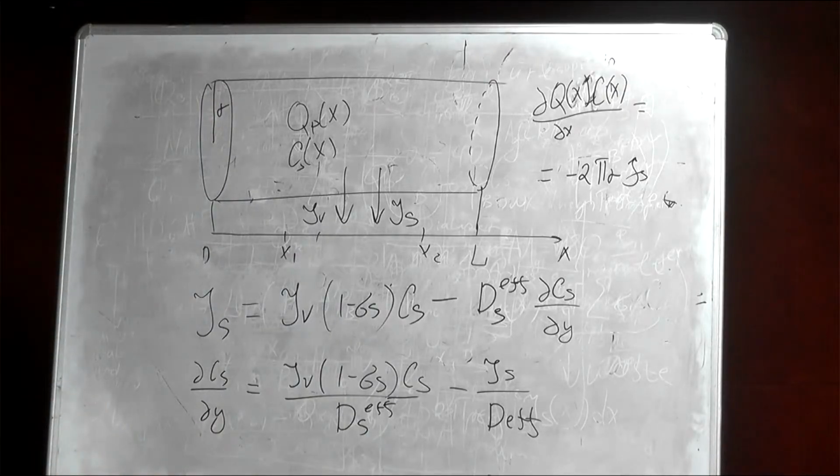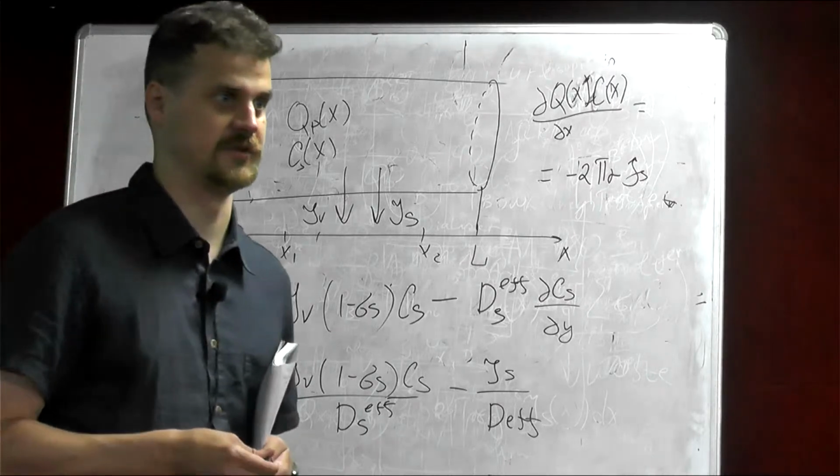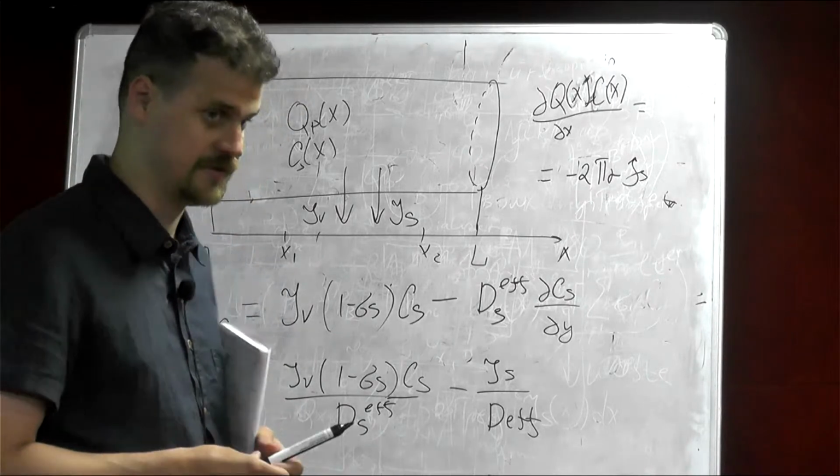It depends on what kind of route you prefer. It's not a very difficult differential equation, but it's time consuming, so I will just skip the solution of this equation.